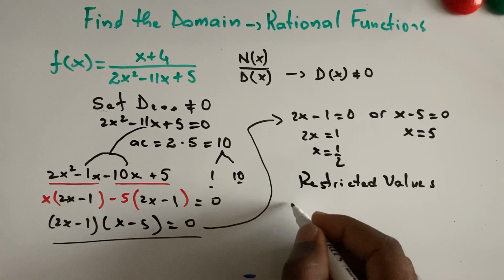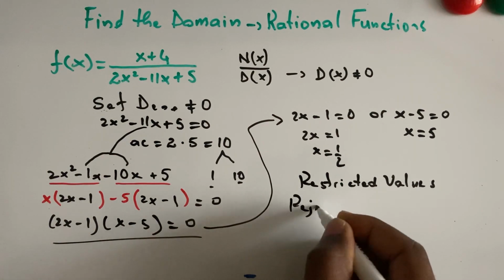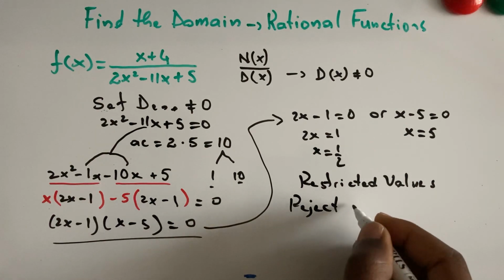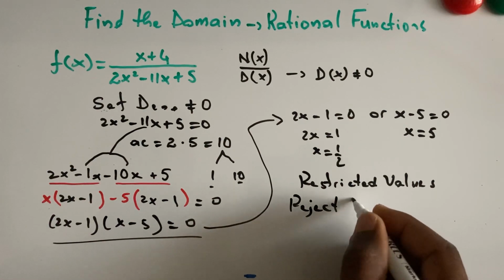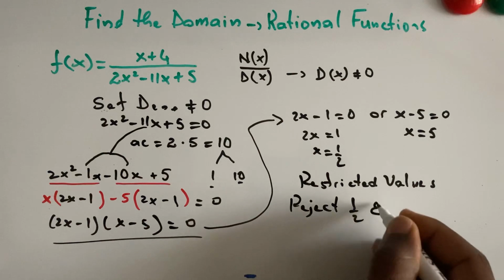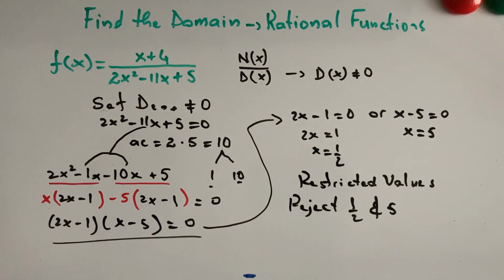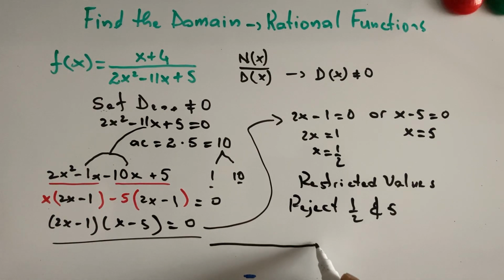So you need to reject 1/2 and 5. That means what? If you reject 1/2 and 5, that means you're accepting all other values in the real number system, right? So let me make a number line to make sure you see what I'm saying here.